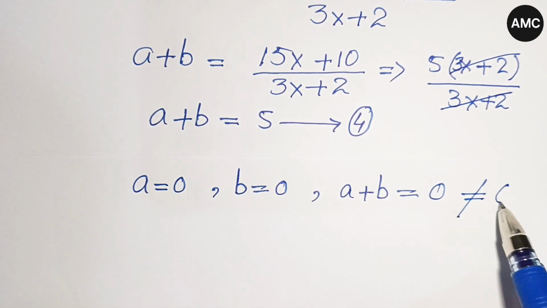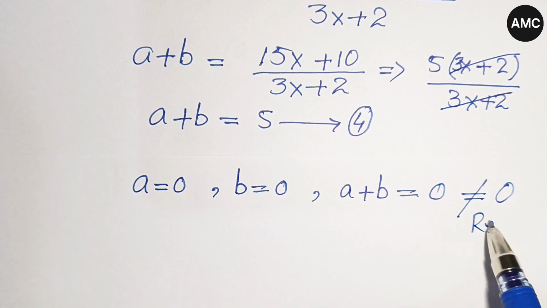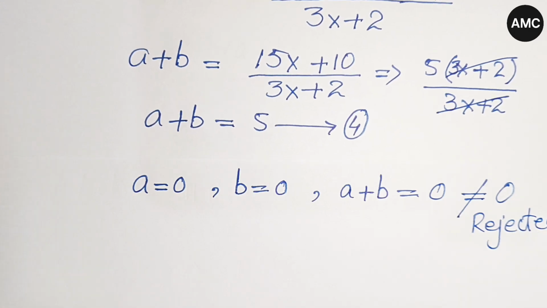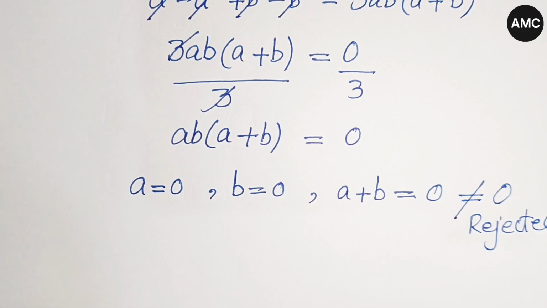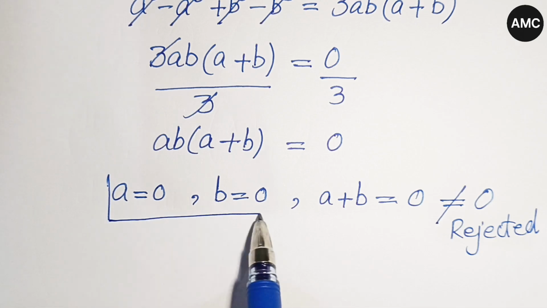It is actually not equal to 0, so we are going to reject this one. A plus b is rejected because we have the value of a plus b as 5. Now here a is equal to 0 and b is equal to 0.